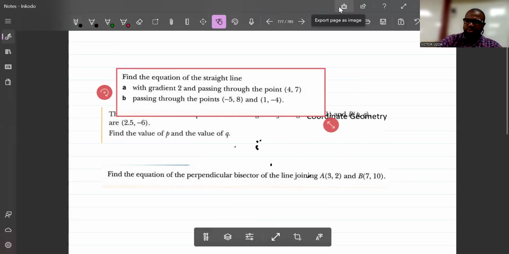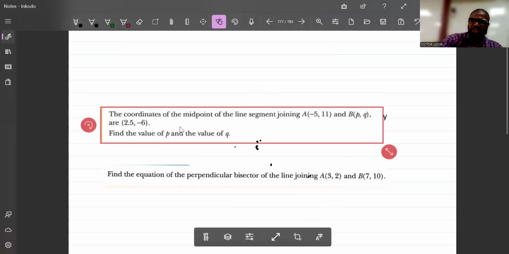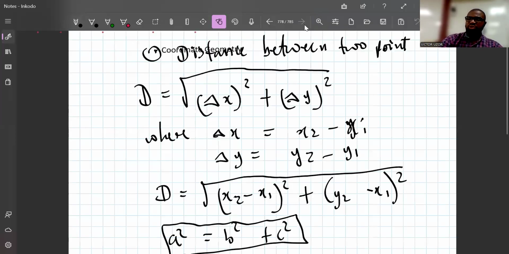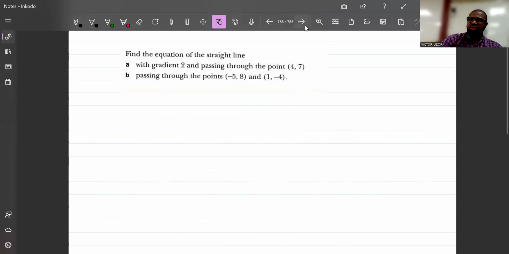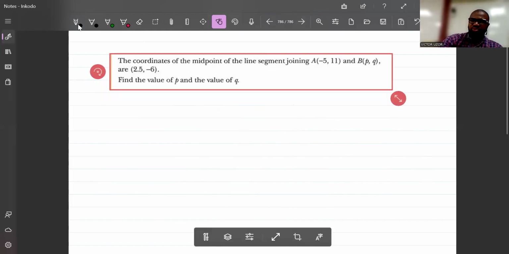Let's see how it will work. Now, you are given this to solve. Let's look at how we are going to solve that particular one. This is just a simple find the middle number. Look at this question.